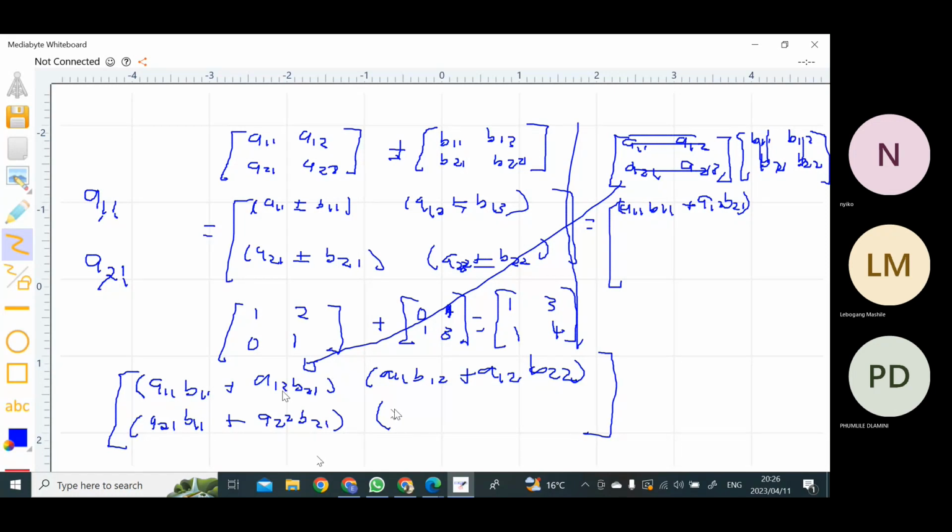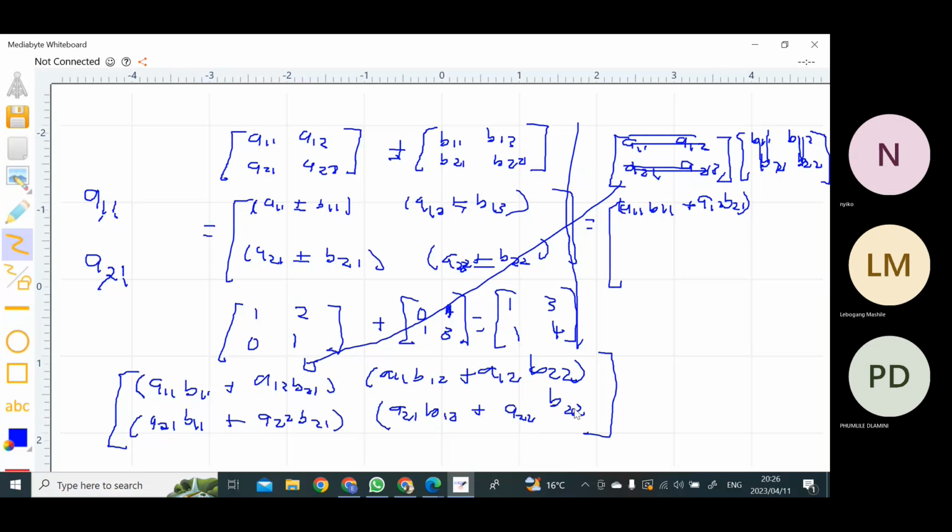Then we're also going to have A21 B12 plus A22 B22.